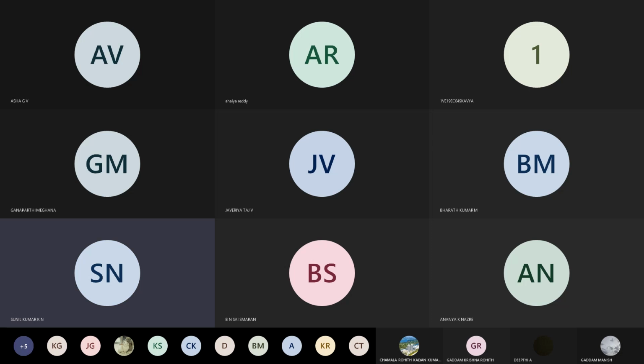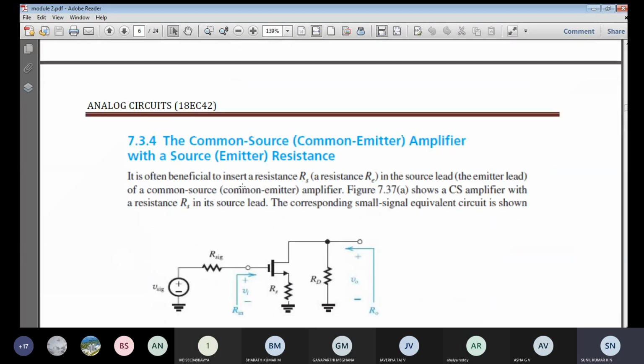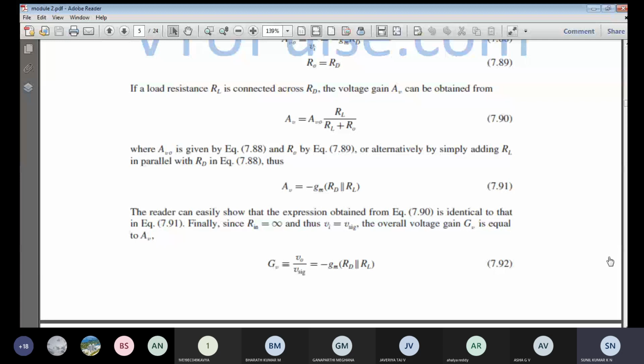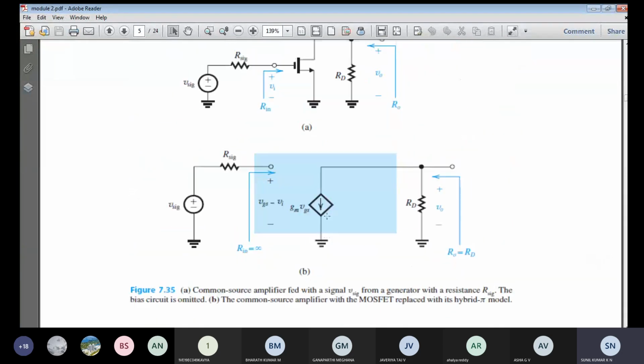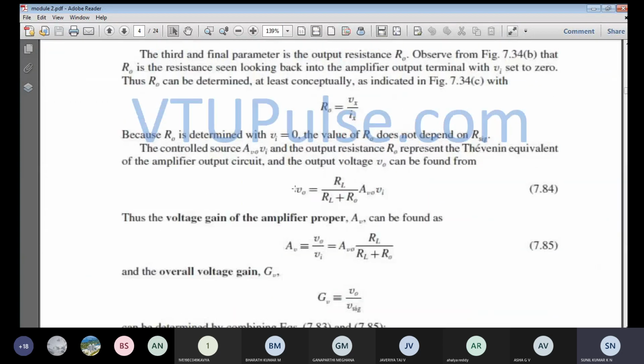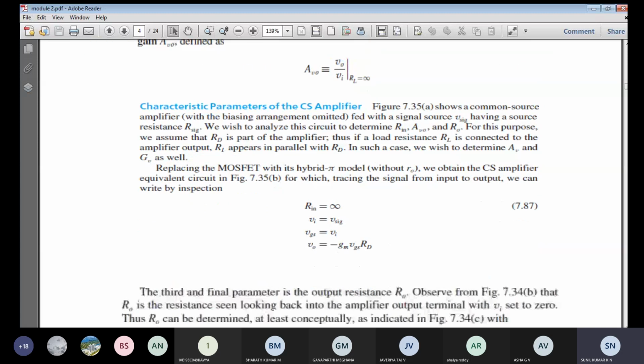Okay, so that it is visible for you people. So the PDF is visible. Okay. I'll just start with today's class.